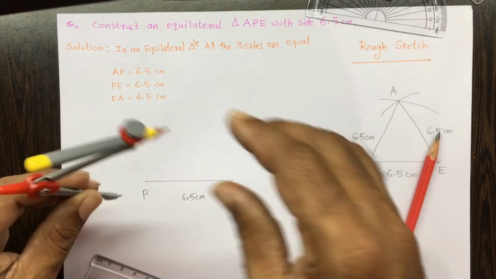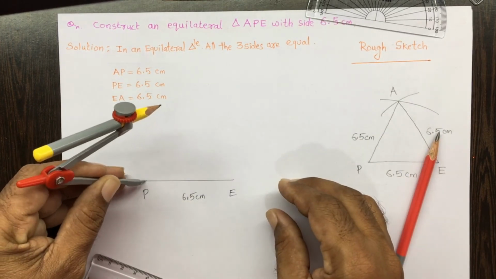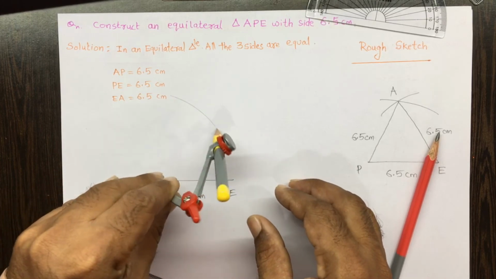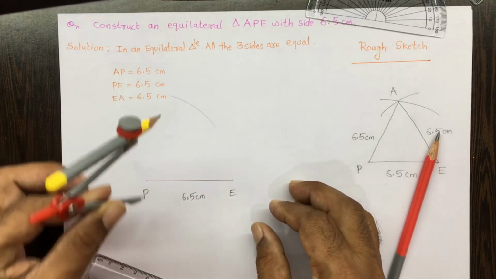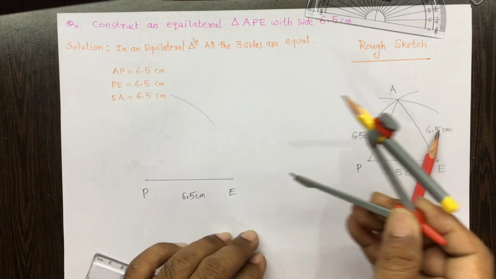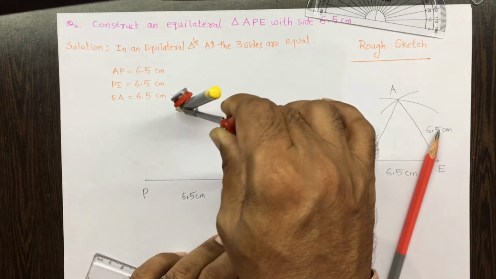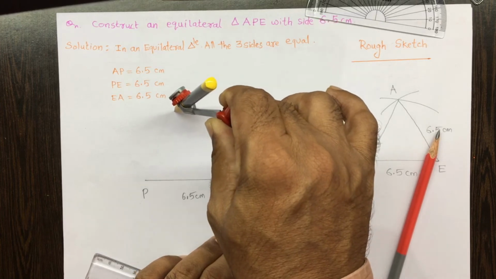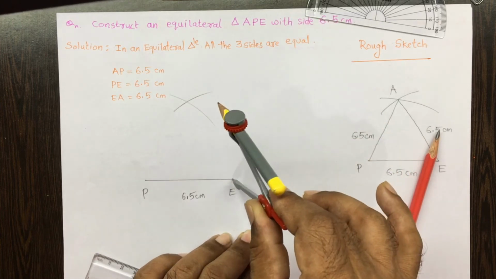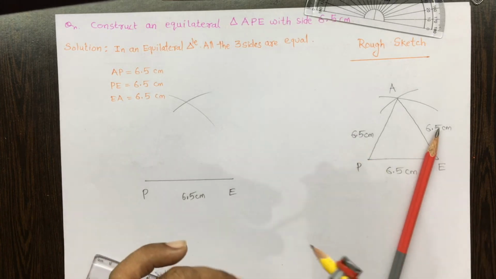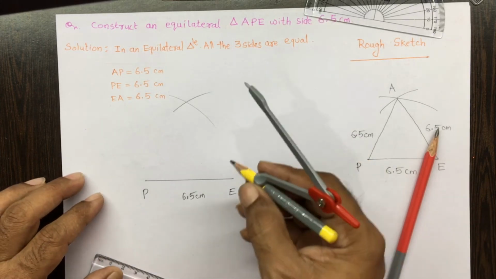We have said from P we are drawing an arc, one arc is over, and with the same radius, as it is an equilateral triangle, the other side also 6.5 centimeters. So, with the same radius from the second point E, you draw the arc which must cut the first arc.